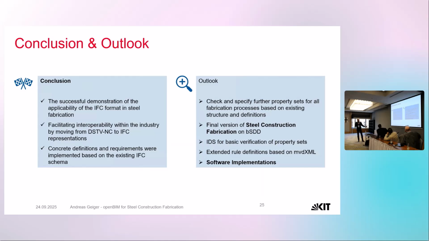The conclusion, we could show and demonstrate that it is possible to realize this step from IFC to the machinery. And we have realized this step to bring DSTV into the IFC.